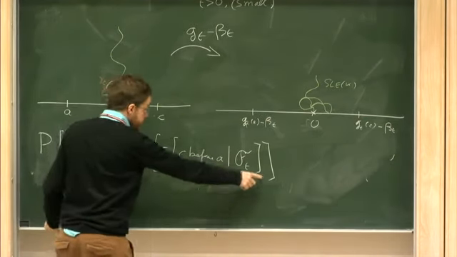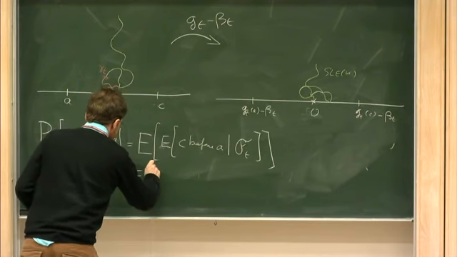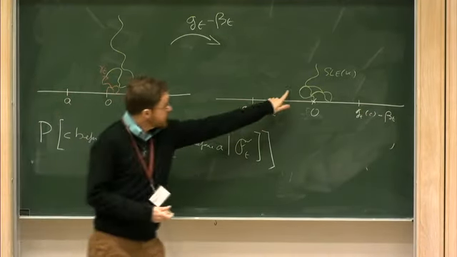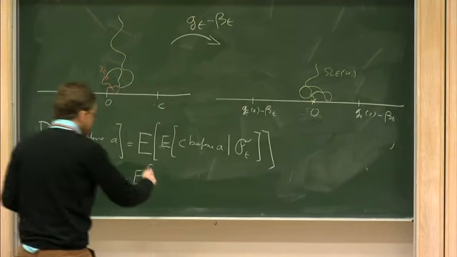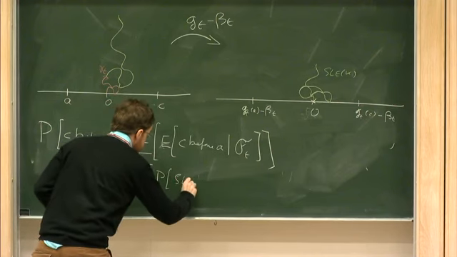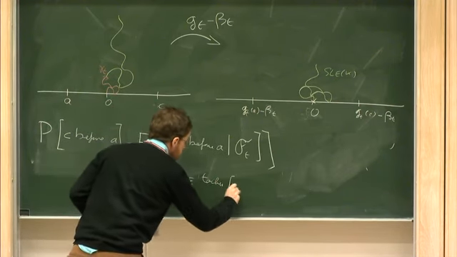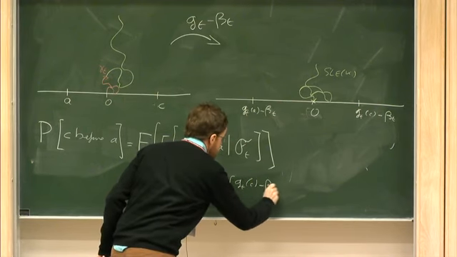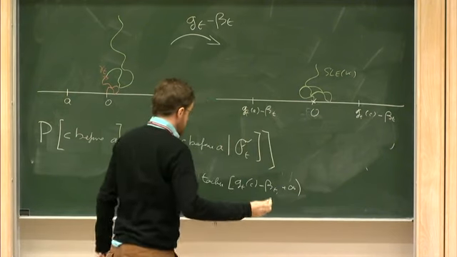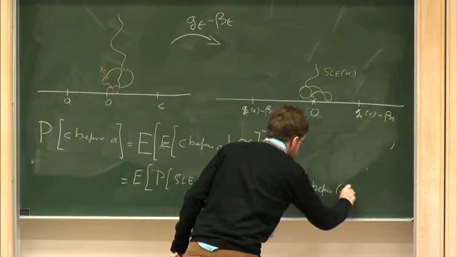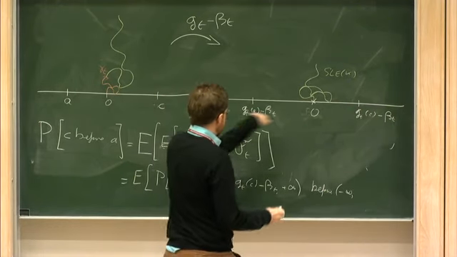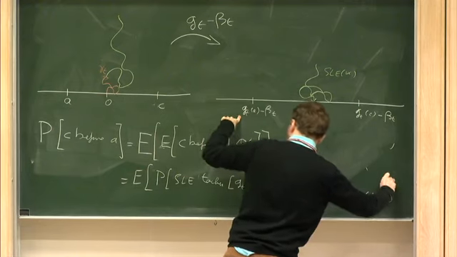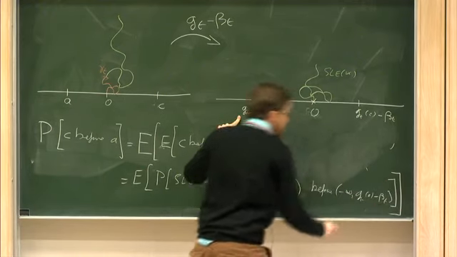So this conditional probability can be written as the expectation of the probability for the green curve, and it's exactly the probability that an SLE touches to the right of GT of C minus beta t, plus infinity, before minus infinity up to this point, GT of A minus beta t. So this is the probability, and then you take the expectation.